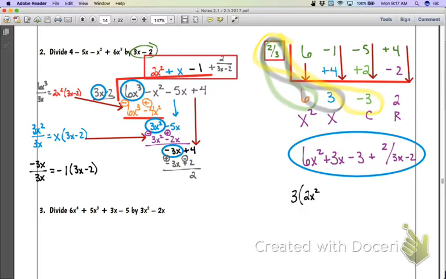Now, is it the same? We factored out that 3, right?